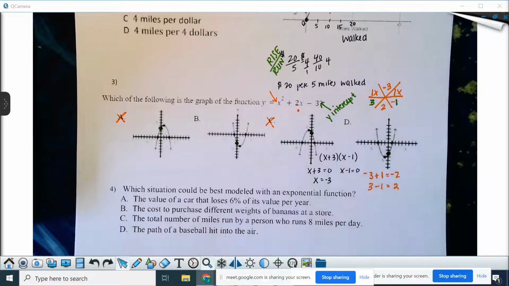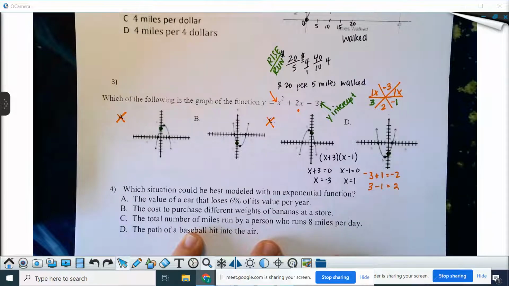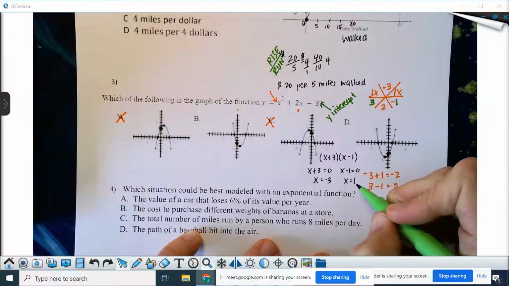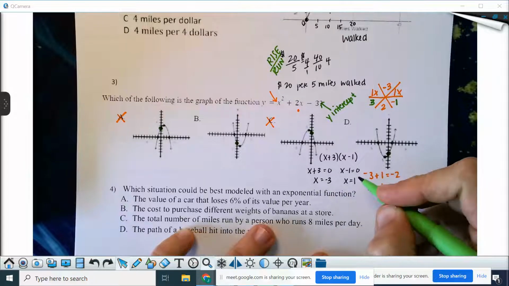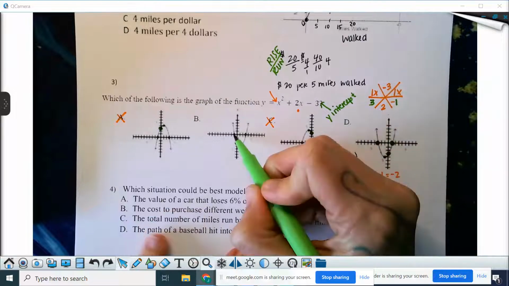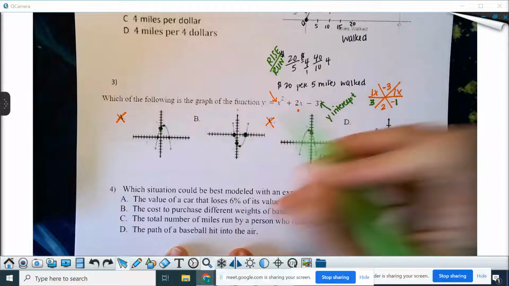And then I need to move that negative 1 to the other side. So I'm going to add, it's going to be x equals 1. That means that this graph is going to cross the x-axis at a negative 3 and a positive 1. So there's a negative 3. There's a positive 1. This is a positive 1. I'm sorry, negative 1, positive 3.